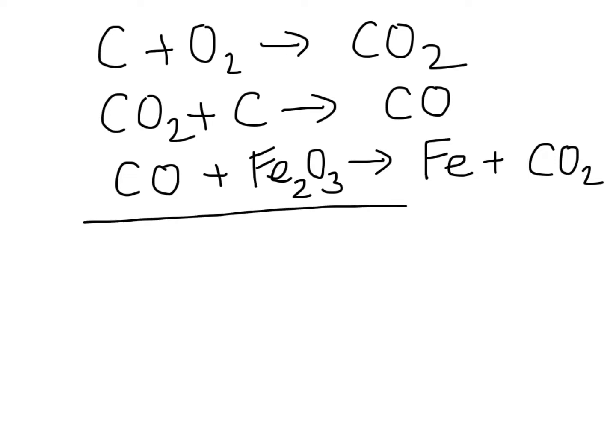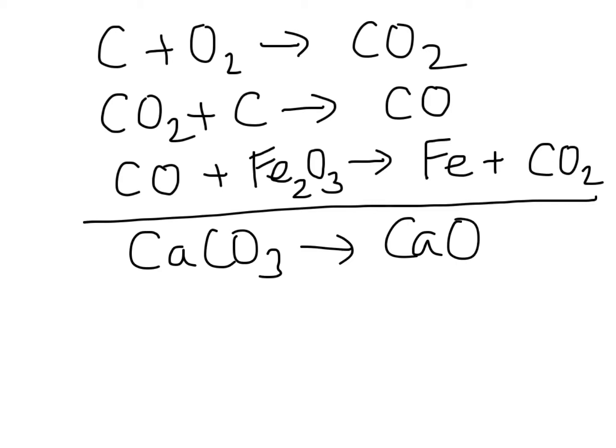So these three reactions explain how you get iron from iron oxide. So we get iron here from iron oxide, and the next two reactions are about the calcium carbonate removing the impurities. Let's have a look at that. So initially calcium carbonate breaks down into two and it forms calcium oxide plus carbon dioxide, and then this calcium oxide is going to react with silicon dioxide.